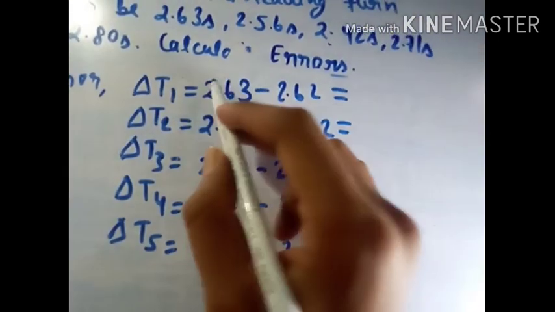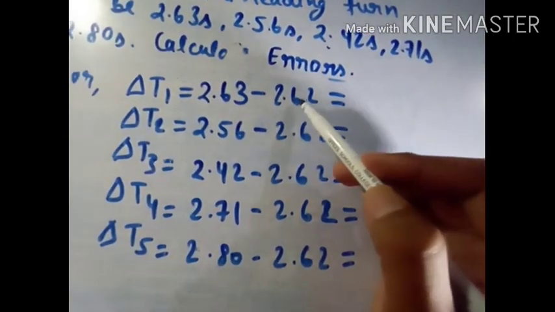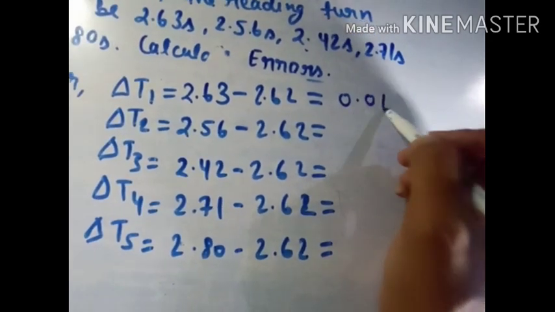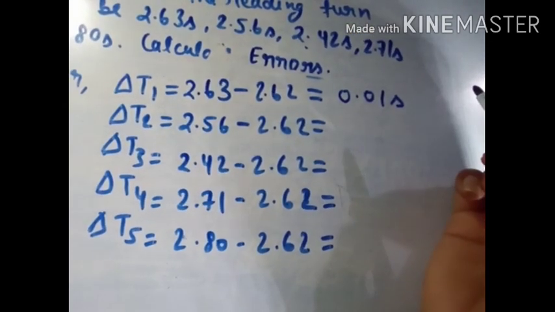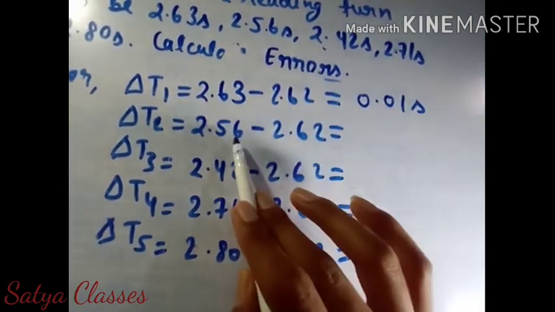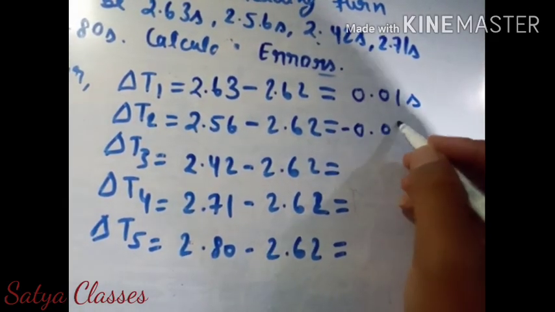Now I have written this. Let us subtract. So 2.63 minus 2.62 becomes equal to 0.01 second. Is it correct? Yes. 2.56 minus 2.62 comes out to be minus 0.06. Understand?